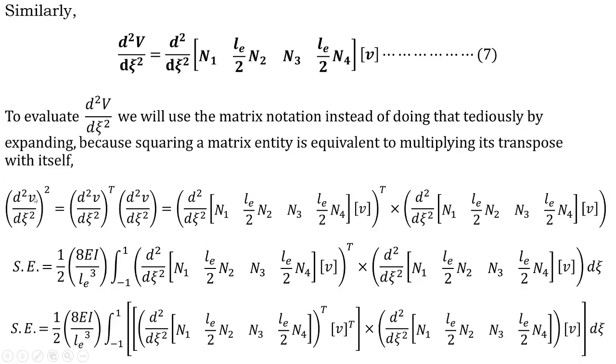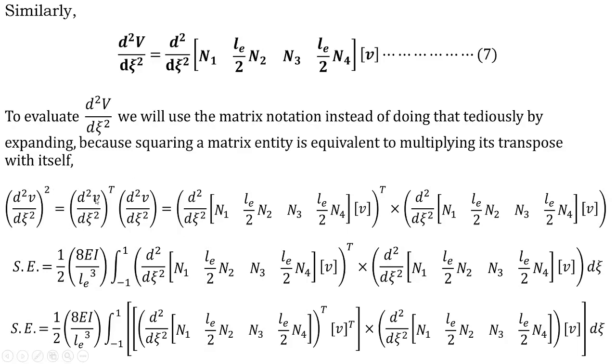Therefore, d square v divided by d zeta square, squared, can be written as d square v divided by d zeta square transposed, multiplied by d square v divided by d zeta square. When I apply the transpose, this is the matrix. This matrix will multiply with its own transpose, nothing but squaring it.